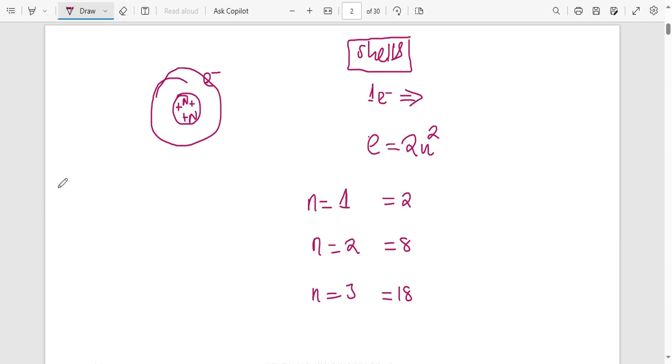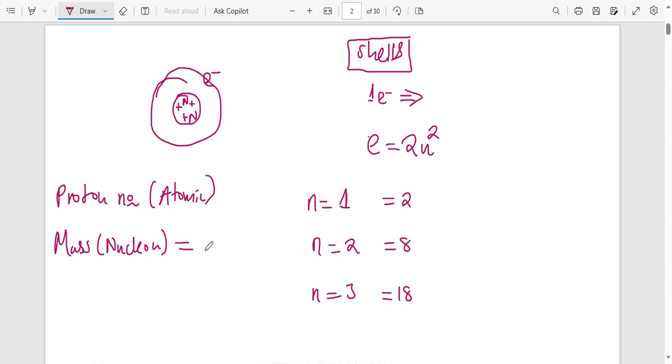We have something which is known as a proton number. Proton number is also known as the atomic number. So this atomic number is just showing the number of protons, these positive entities which are in an atom. We also have the mass number, also known as the nucleon number.